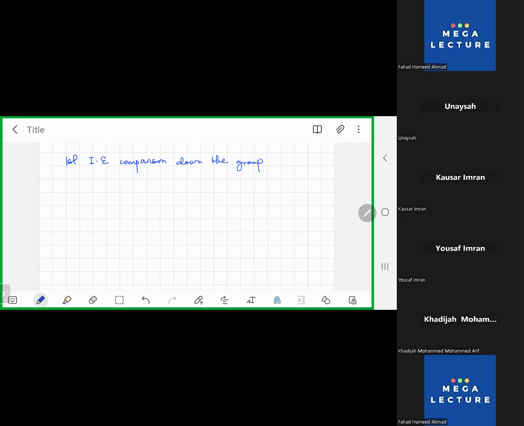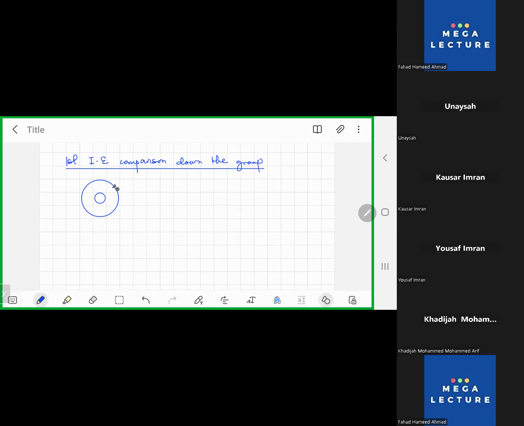So when you're going down the group, तो उसमें क्या होता है कि like if I draw atoms and I pick any group, let's say I pick group 1. तो let's say this is the first atom. So that's lithium. Lithium has how many electrons?